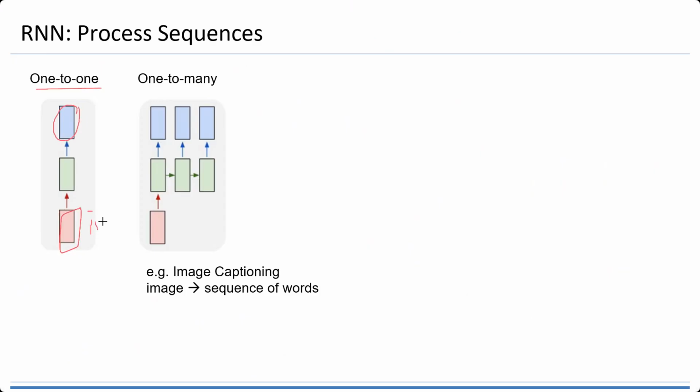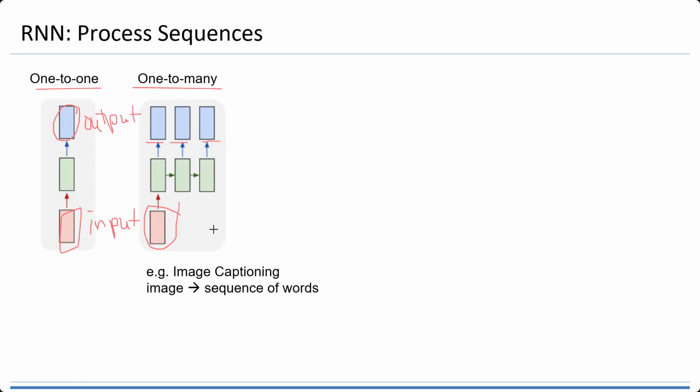So this is the input, and you can produce one output. But there can be one to many. It means you will have one input. The input is only one, but the output will be more than one.